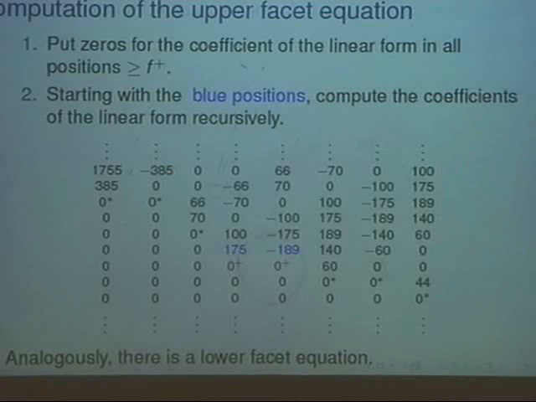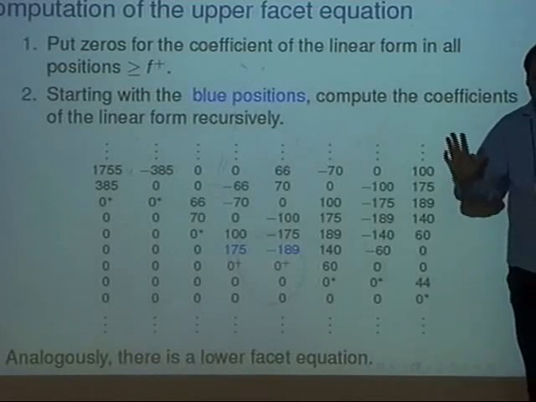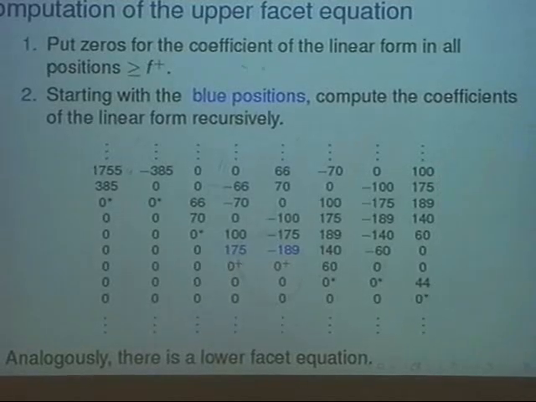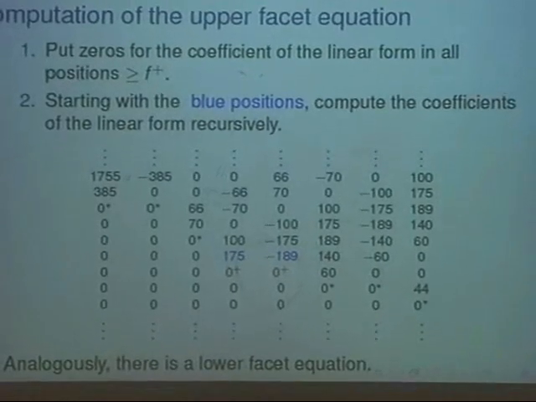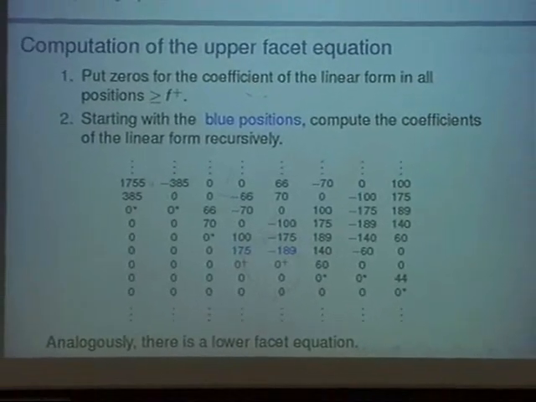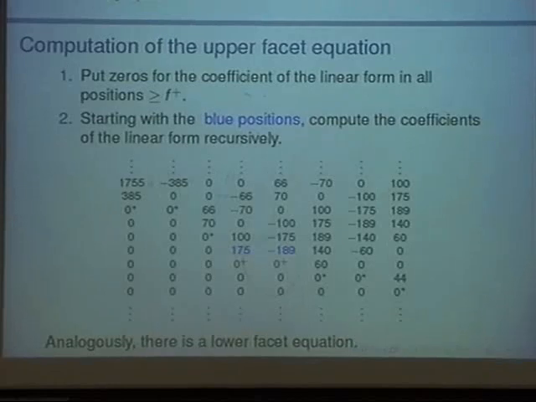So there's actually more than one equation for the facet, which is completely plausible because we have these relations coming from the condition that the dimension of M is equal to 0.